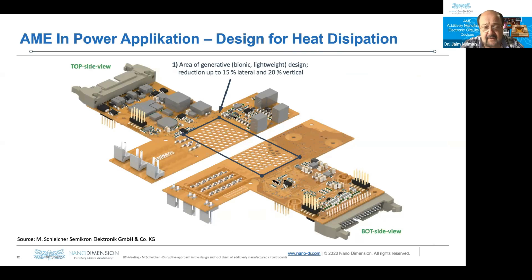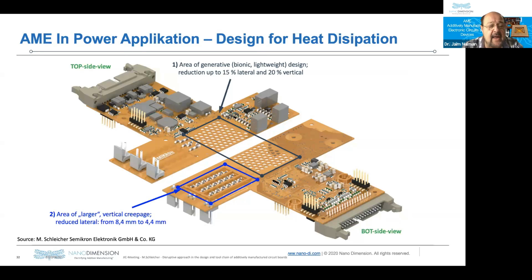So the heat evolution can be done here by these open air channels, and therefore be effective on the structure. It also reduces areas of high creepage, eliminating them by using the advantage that AME technology enables, as opposed to creating these cavities using lasers or other techniques to drill them.